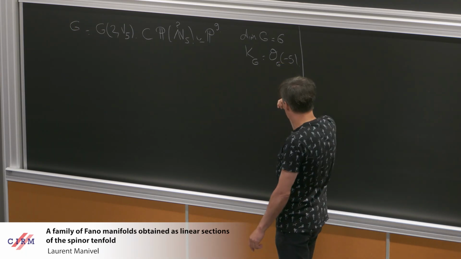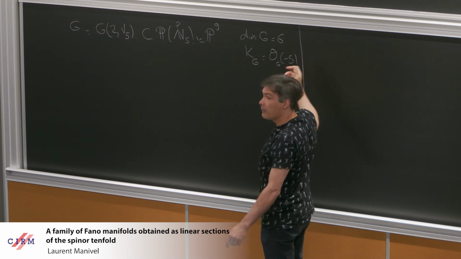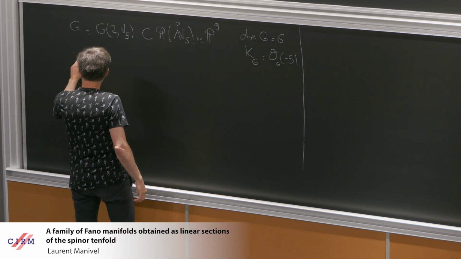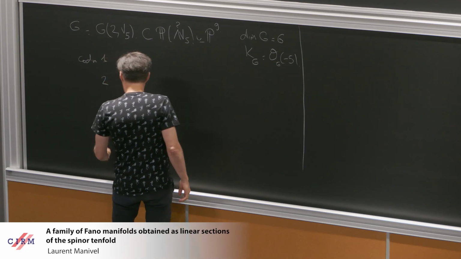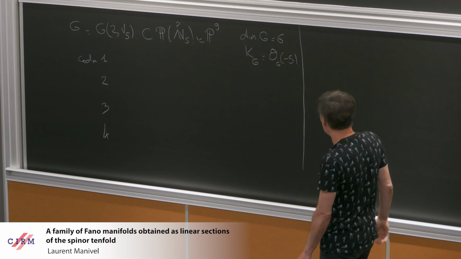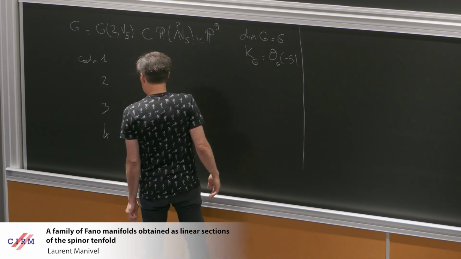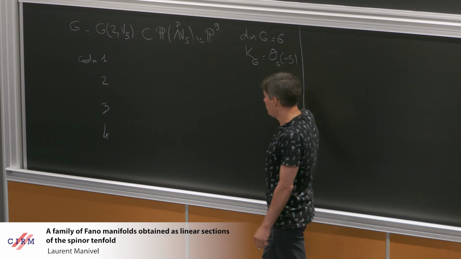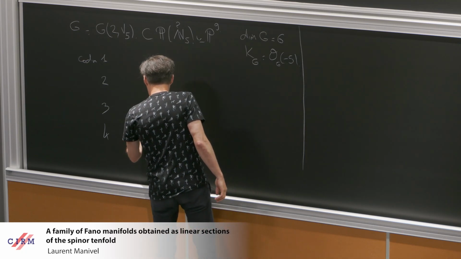Okay, so here you can try to cut up to codimension 4 to remain Fano. So you have codimension 1, 2, 3, 4, and you hope to get many Fanos by this process. You see, there is this interesting property that in codimension 4, you will get a surface which is Fano of degree 5, because the Grassmannian is degree 5. So you get a del Pezzo surface of degree 5.